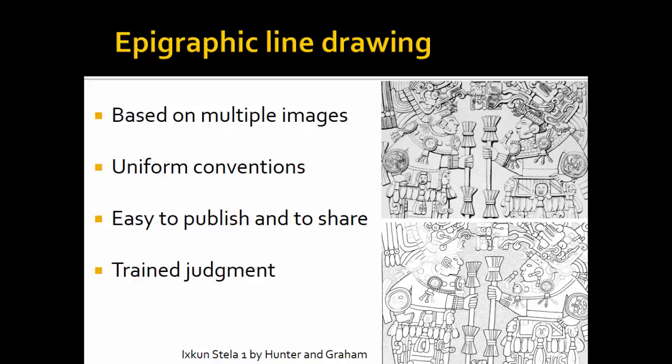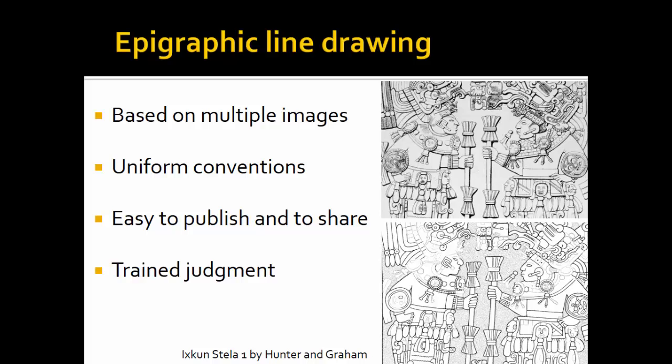I'm an epigrapher myself, and epigraphic line drawing, a kind of communication tool, is an essential part of my field. So I create these line drawings to communicate my interpretation of the eroded surface of the monument, highlighting lines which I believe reflect the actual carving, as opposed to erosion, intentional breakage, or any kind of features that your eye may see, but my trained eye may suggest are not perhaps as important.